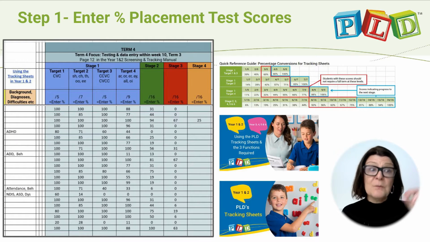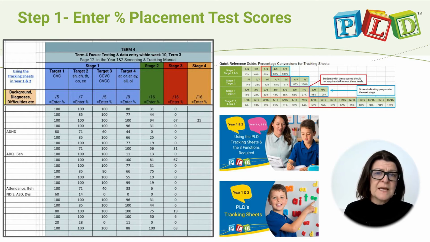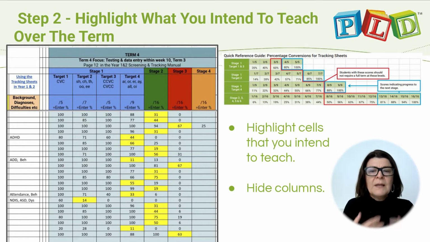So step 1, you mark your spelling placement tests and you enter the scores onto the tracking sheet and you utilise the percentage converter table. Step 2, you analyse the numbers and you highlight yellow, what do you intend to teach?